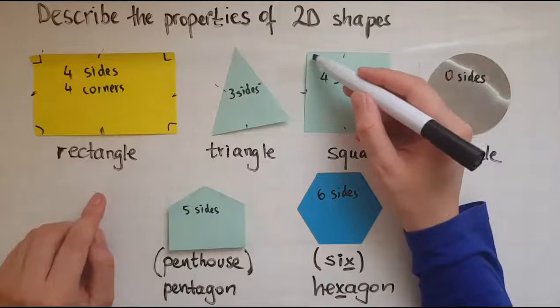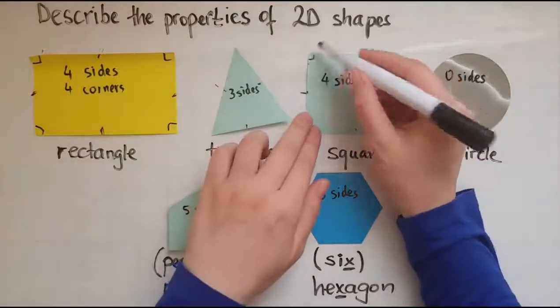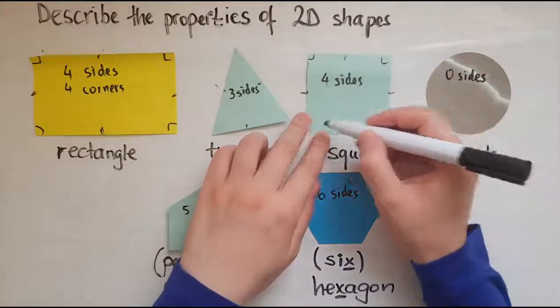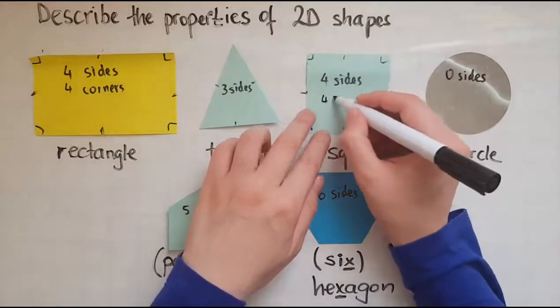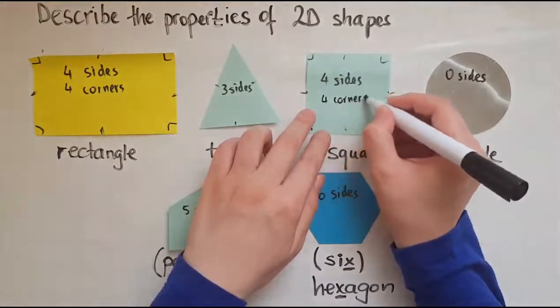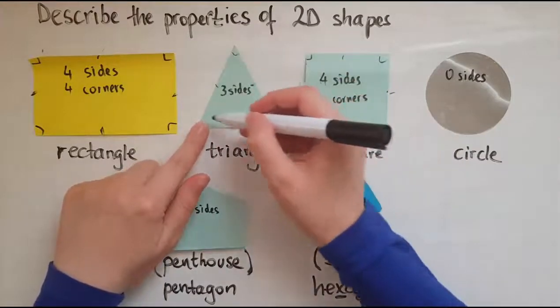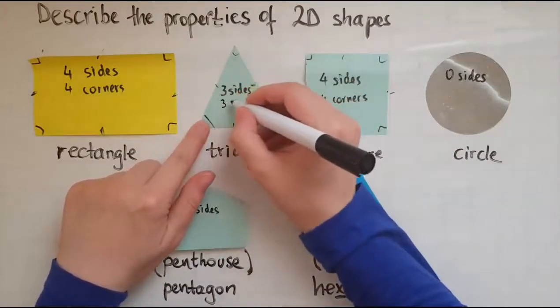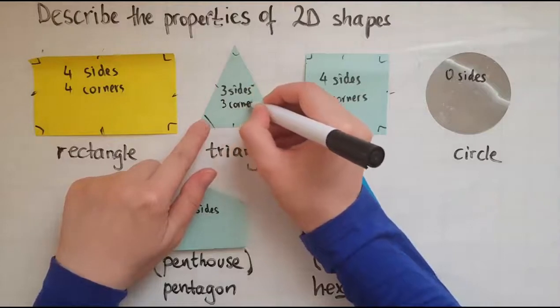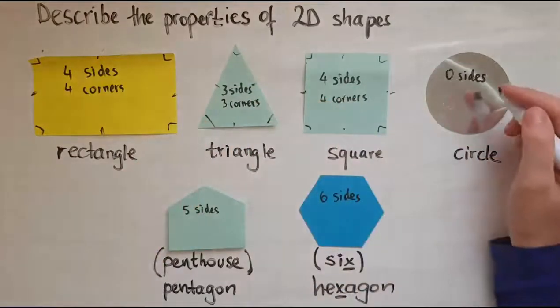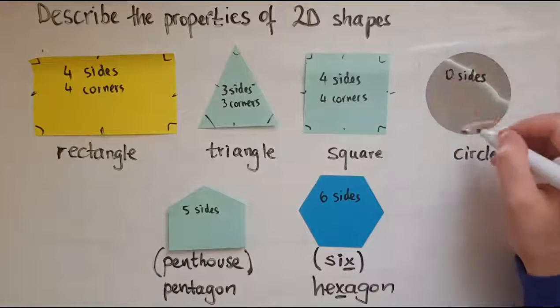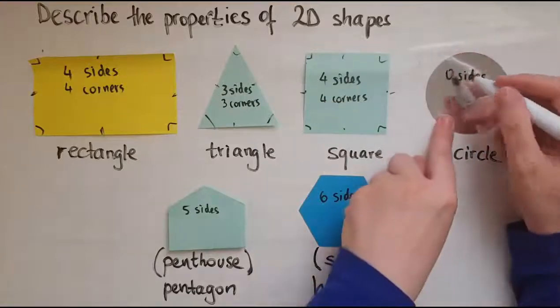In a square as well, we have 1, 2, 3, 4 corners. In a triangle, we have 1, 2, 3. In a circle, there is no corner.